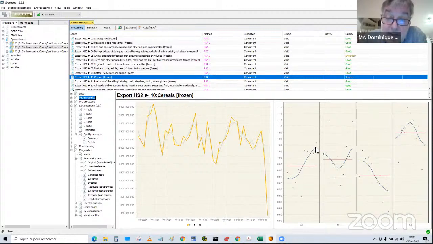When this is a multiplicative model, 1.031 means that the seasonal coefficient results in an increase of plus 3%. Okay, 1.03 means plus 3%. So it's very easy to interpret. You know exactly the size of the coefficient. At the beginning here, it was 0.93, so it was minus 7%, okay?